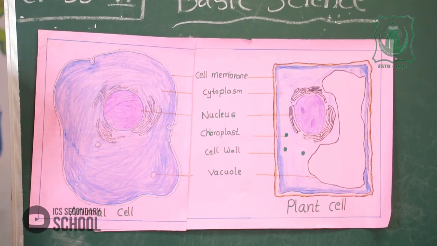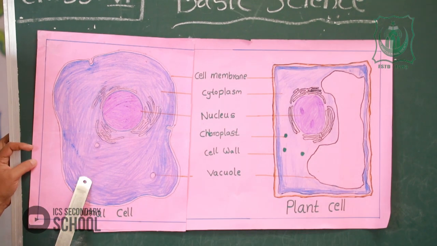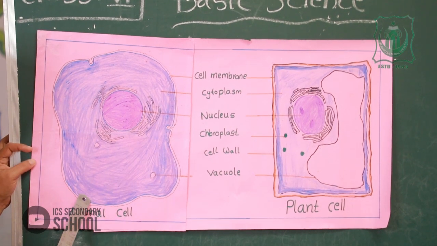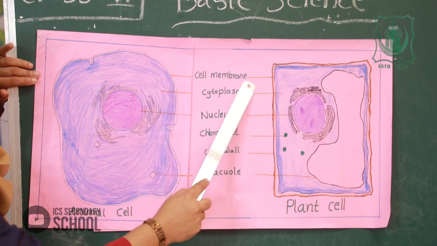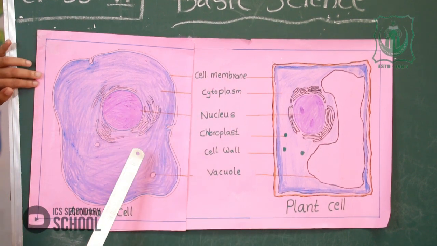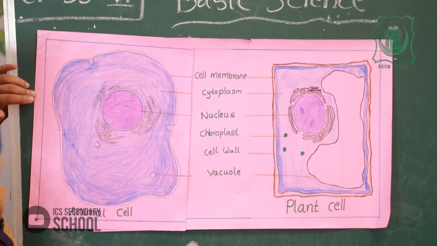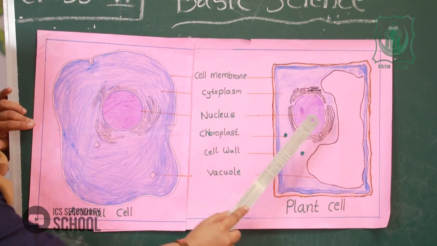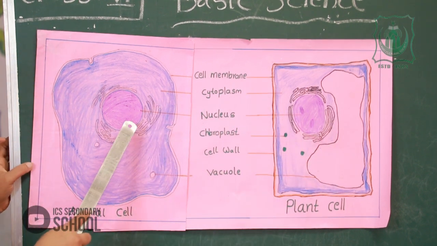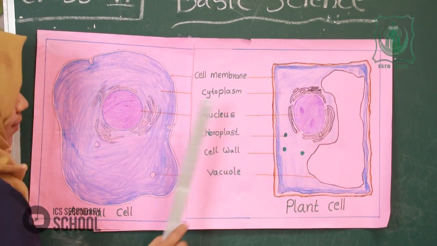What are the similarities? Yes, we can see that in animal cell and plant cell there is cell membrane. Next is cytoplasm. Cytoplasm is in animal cell and plant cell. Next nucleus. Nucleus is in both cells.